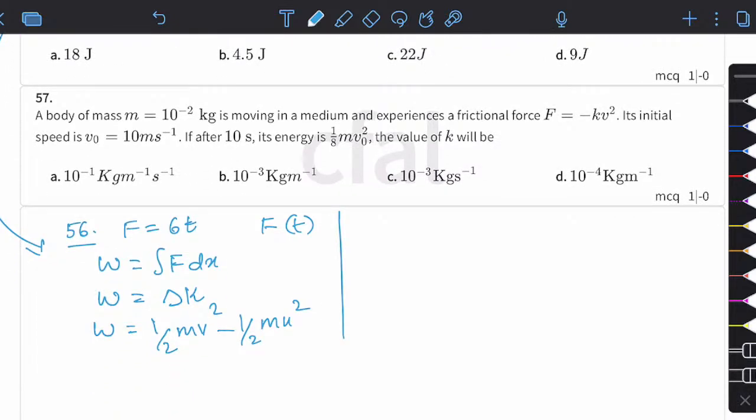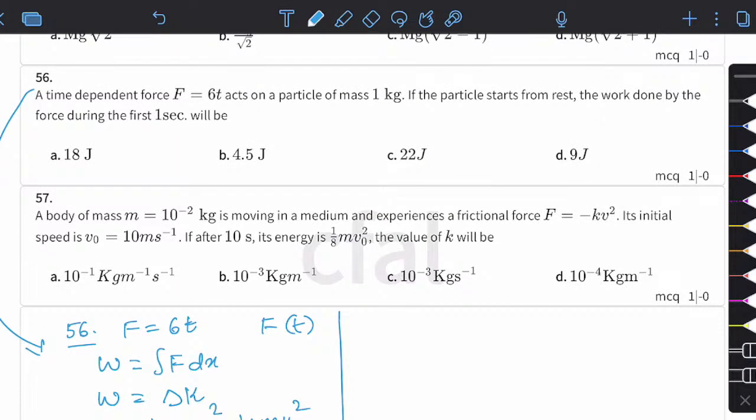So let's look at the given data. It starts from rest, so u is equal to 0. Force is given, so we can find acceleration. Acceleration is also 6t. Now we can find velocity. How do we find velocity? Velocity is integral a dt, integral of acceleration from 0 to time t. The time t is given to be 1 second here, so that turns out to be integral 6t dt from 0 to 1.